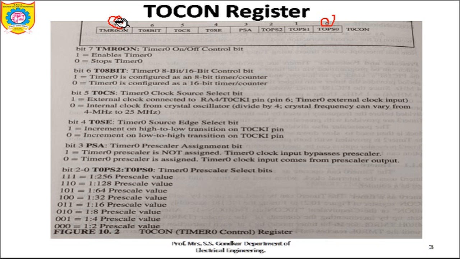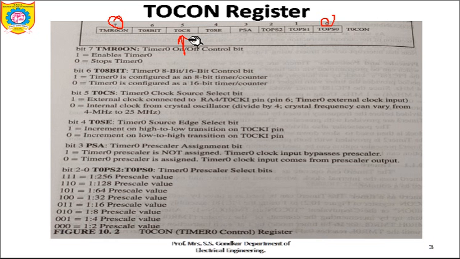Timer 0 can be configured as a counter by setting the T0CS bit. The T0CS bit is bit number 5; you can see it over here. You have to set this bit and then it can be configured as a counter.